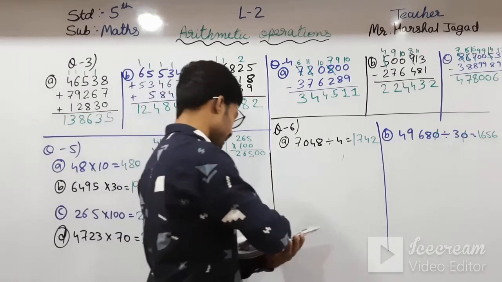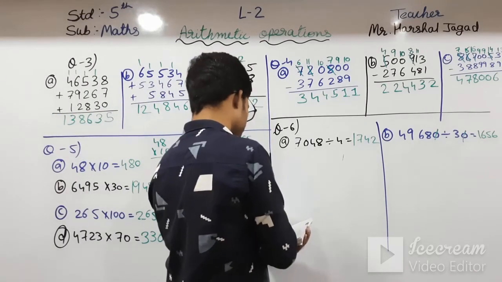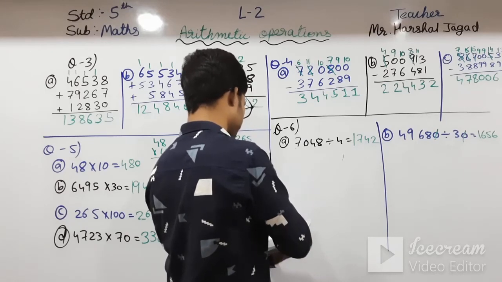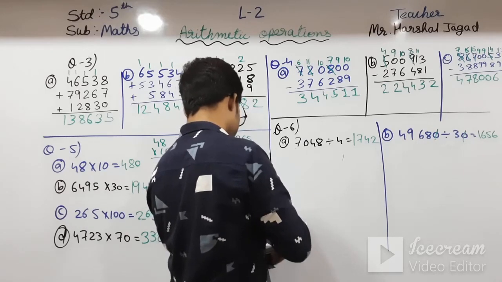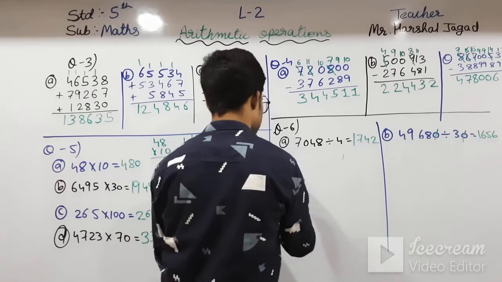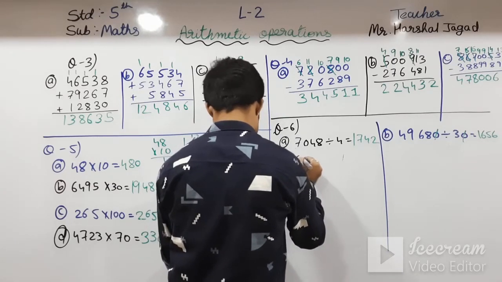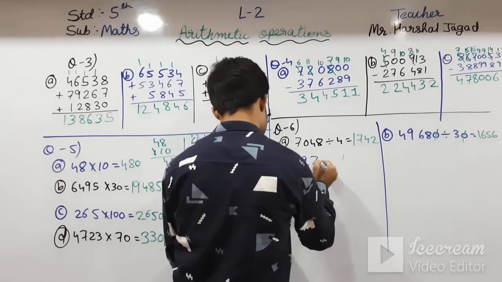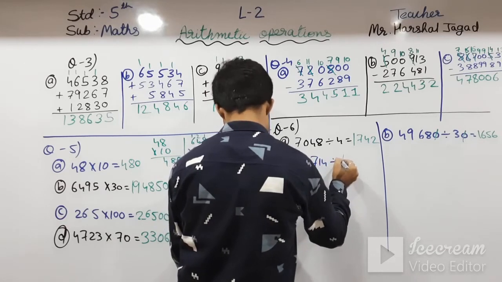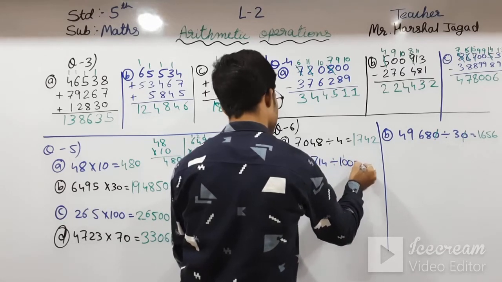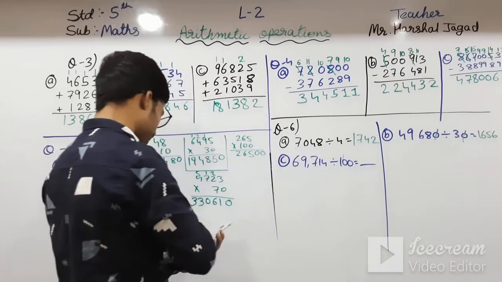Now going towards next, that is C. So what is the question of C? I am reading that C, 69714 divided by 100. What will be the answer?